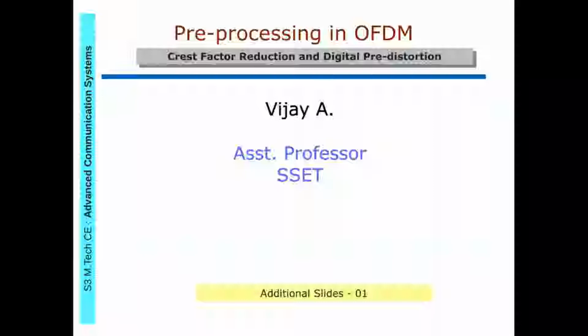So we'll start off with some basic block diagrams of OFDM and then explain the methods that are going to be used for performing this crest factor reduction as well as the digital predistortion.